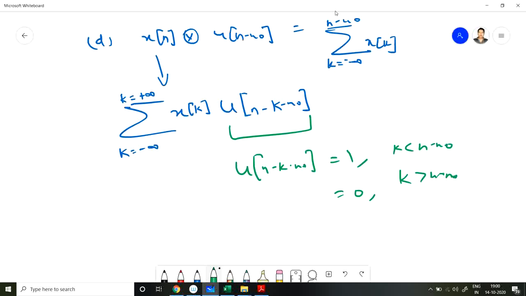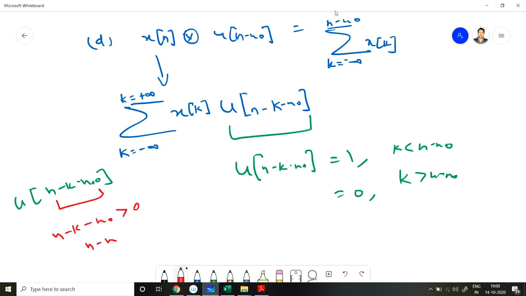If you have any confusion, you just write it. There is a shortcut method: you just see that argument and put n − k − n0 greater than 0, because we are taking the summation for all values of k here.